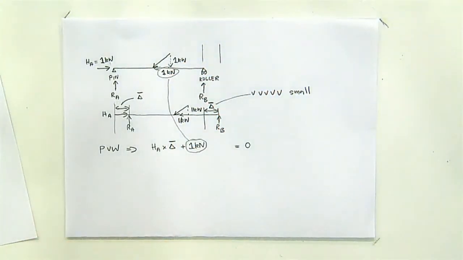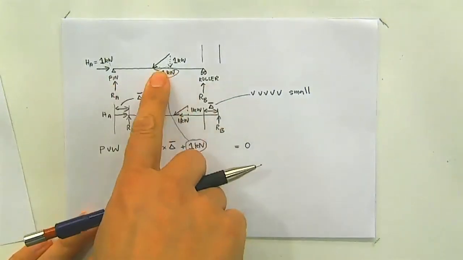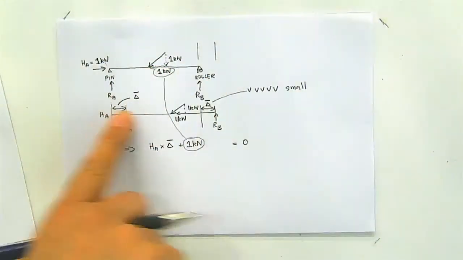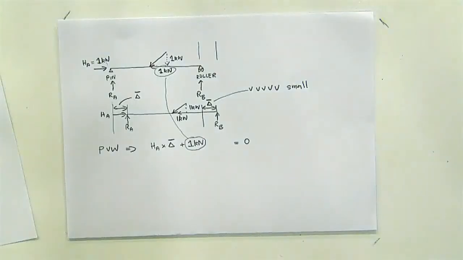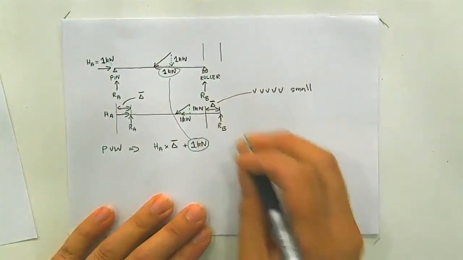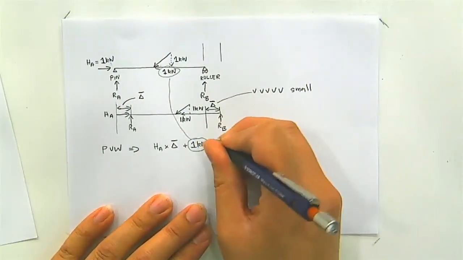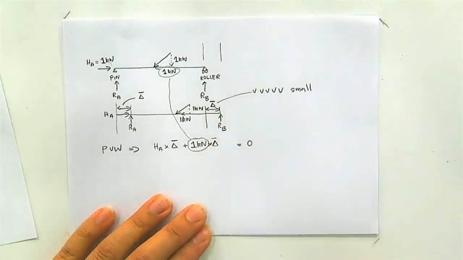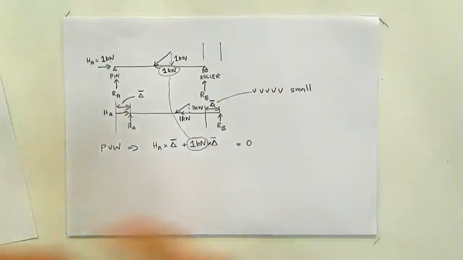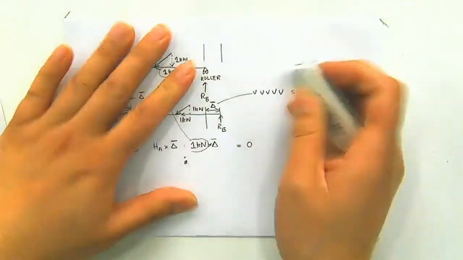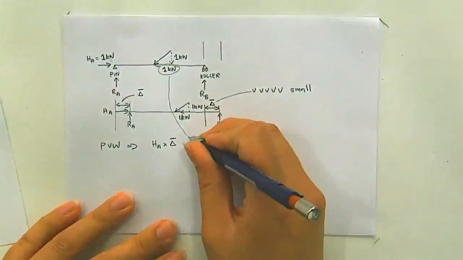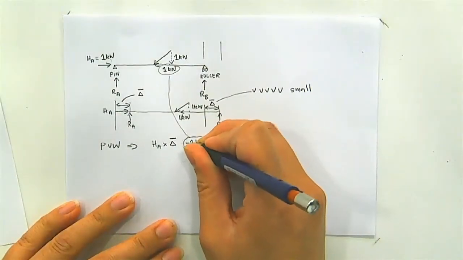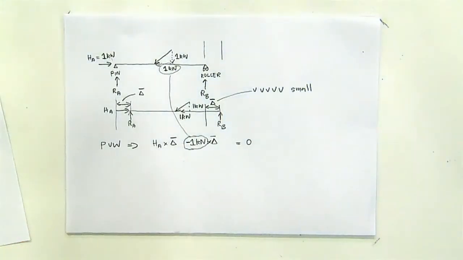Note that it is acting in the opposite direction to the virtual displacement, so the work is 1 kilonewton times delta bar, but because it's acting in the opposite direction, I put a negative sign in front.